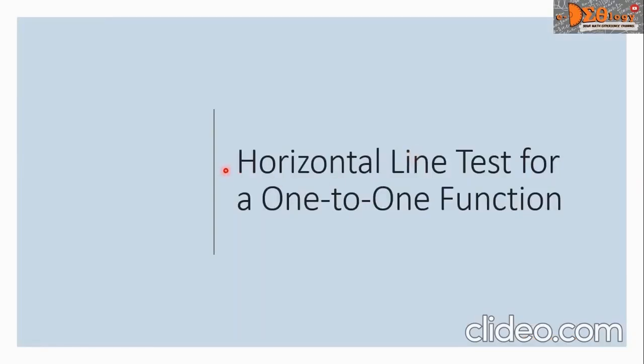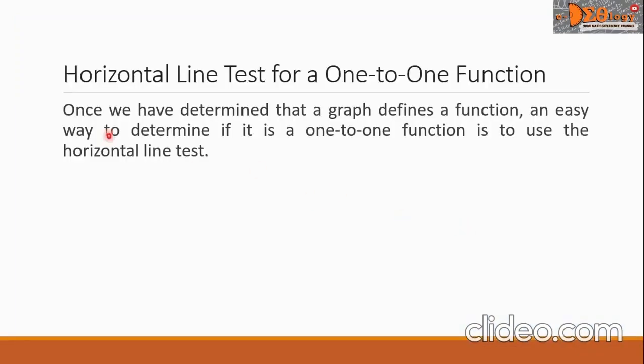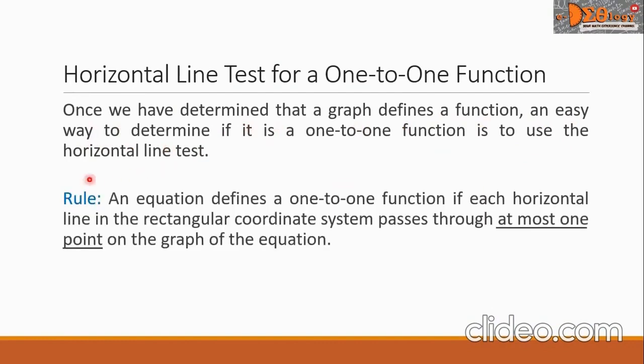Let's go now to horizontal line test for a one-to-one function. Once we have determined that a graph defines a function, an easy way to determine if it is a one-to-one function is to use the horizontal line test. This is the rule.